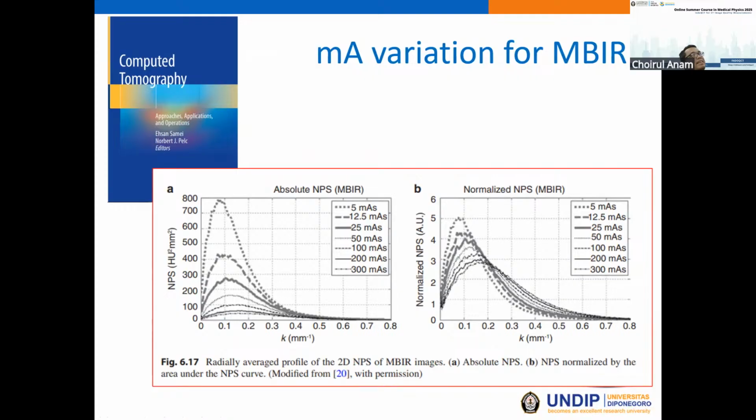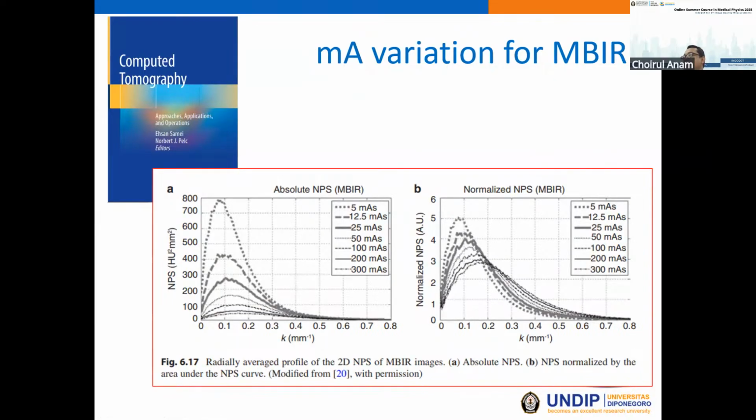What can we see from this graph? This is very interesting because the peak frequency is shifted. We can see here this one is for NPS normalization for the 5 mAs, and we can see here the peak frequency is the lowest, and for the 300 mAs, the peak is in this position.